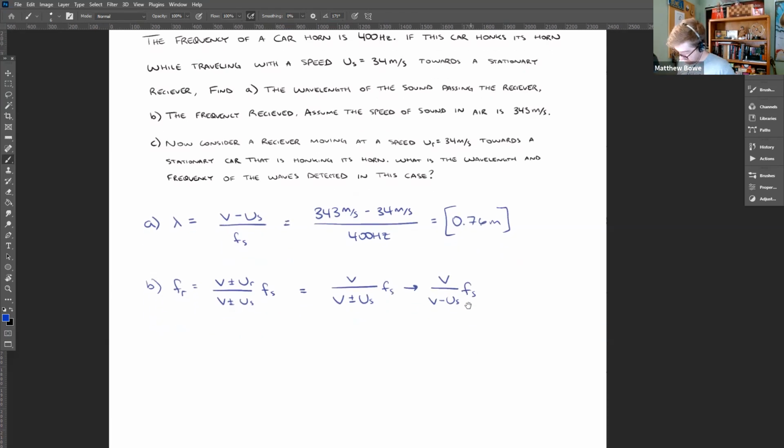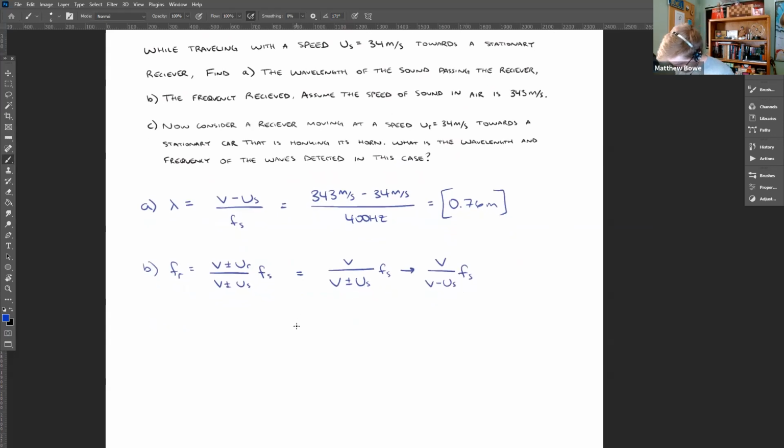All right. And from here on, it's just inserting the values that we have. The speed of sound in air, 343 meters per second, minus however fast this car was moving, 34 meters per second, and the frequency of the horn that it's emitting.